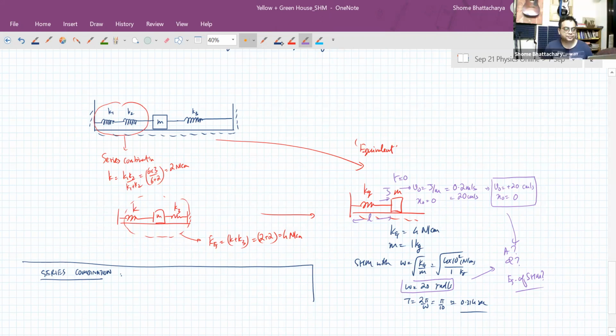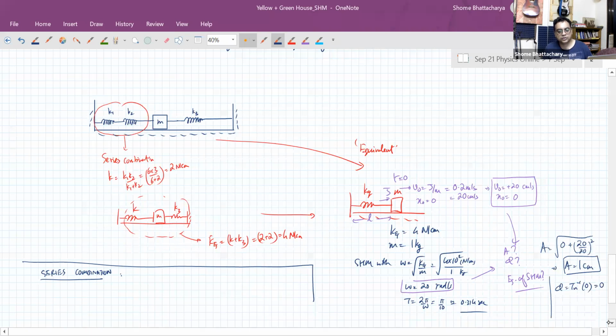Okay, so you'll see that we'll get the amplitude as 1 centimeter, and we'll get phi as tan inverse of 0.